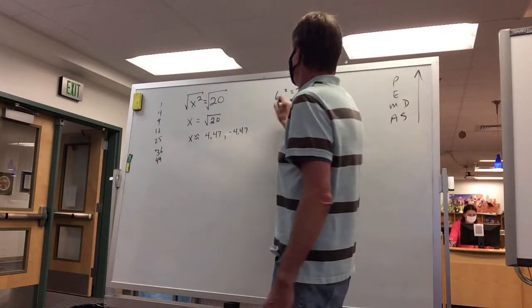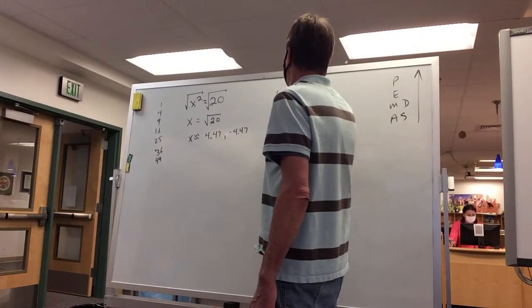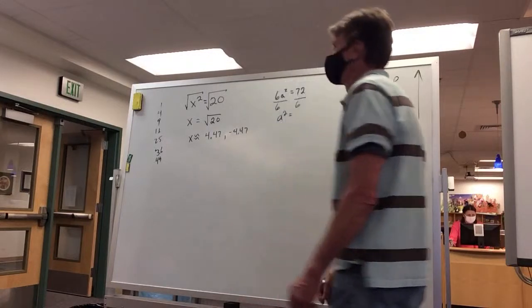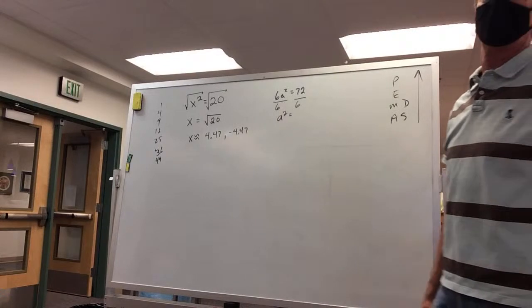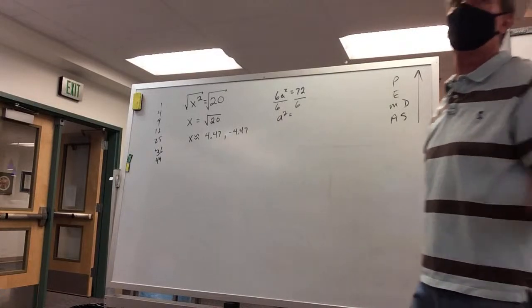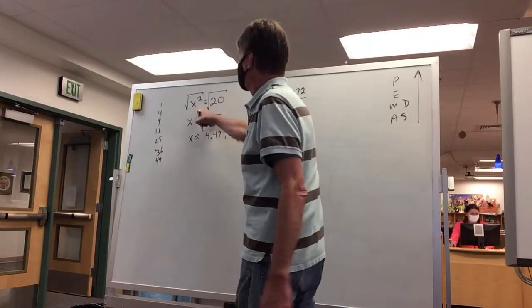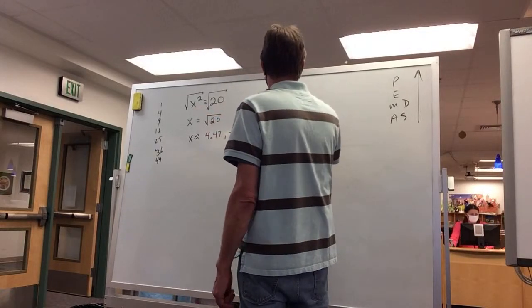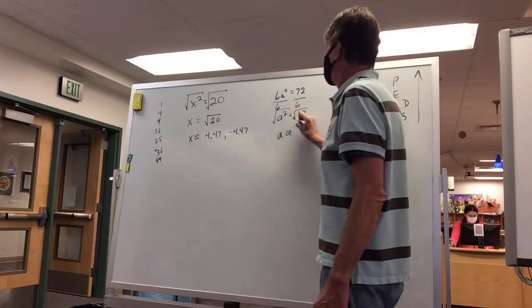Divide by 6. The same thing, both sides. And then rewrite it. So what's 72 divided by 6? What did you say? 12. Okay, then it looks just like this one. We're going to take the square root of both. And then what's the square root of 12 about? You had something.